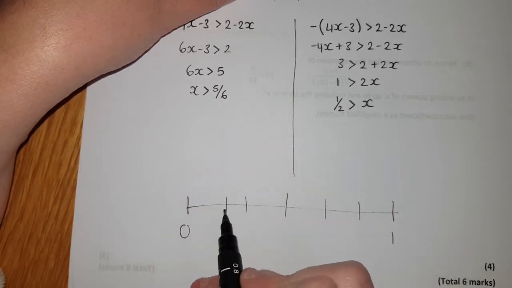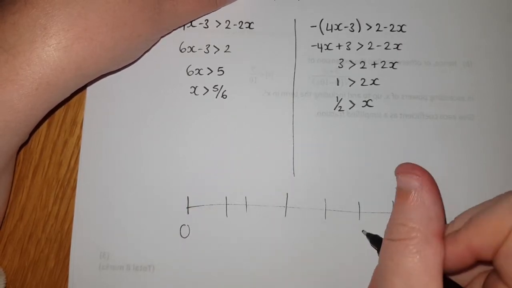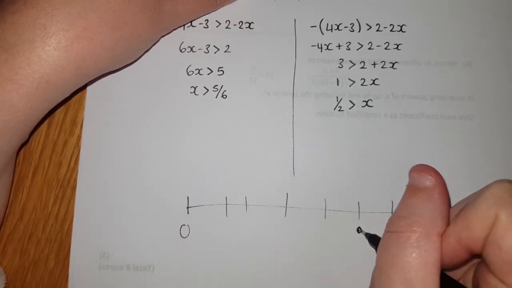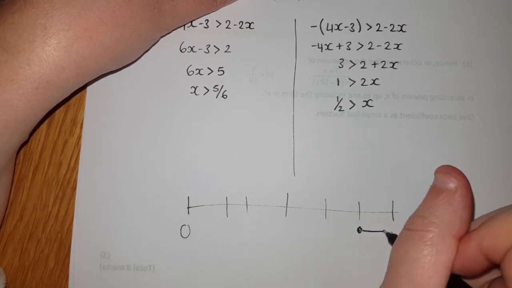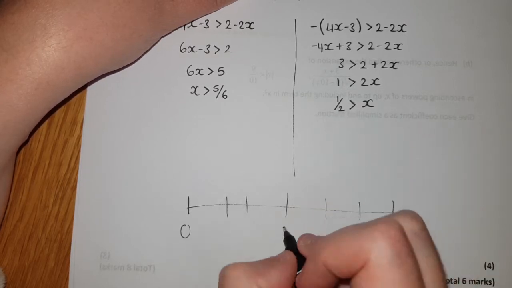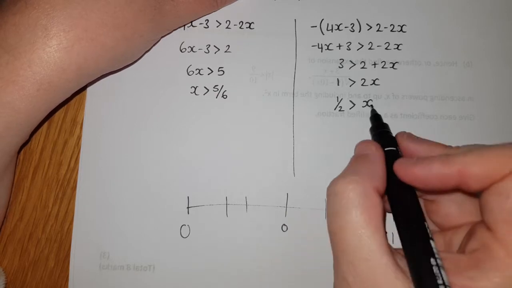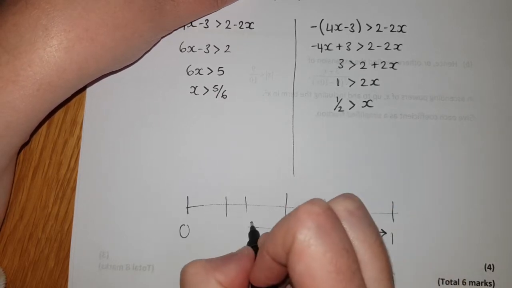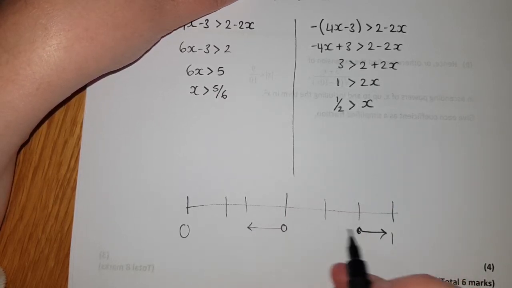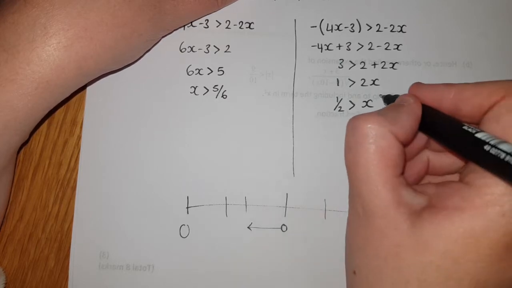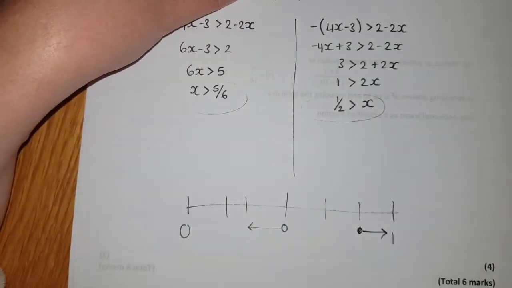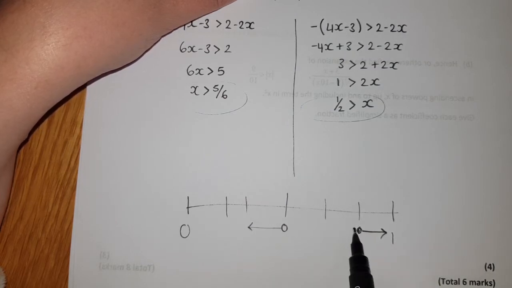But we get 5 of the 6, and we want anything where it's greater than 5/6. And if you take a half and we want anything where x is smaller than a half, those two regions do not intersect. So they stay as two separate answers. If you get two arrows that end up intersecting with each other, that's when you do one combined region.